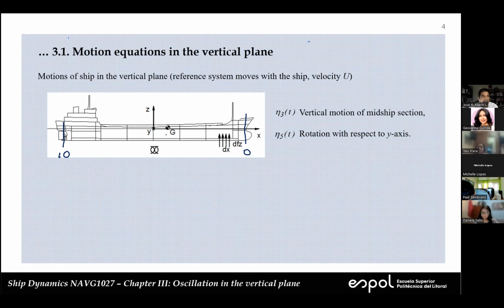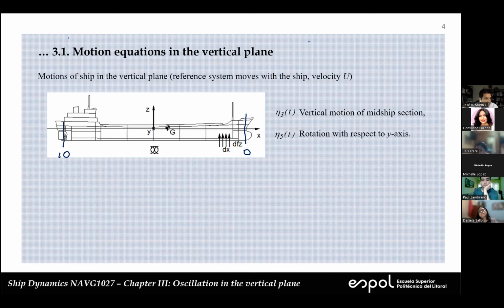We're going to simplify that in a minute, okay? But in general, we expect the ZG to be very small, okay? The ZG would be the vertical distance from the flotation line until the centroid. That's usually very small, okay?